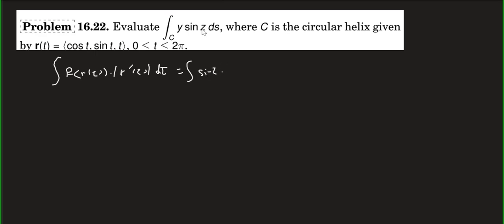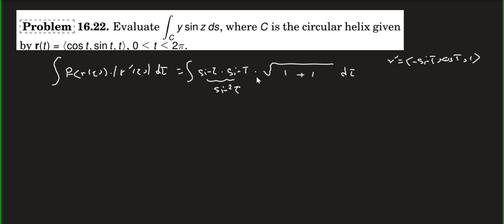Instead of sine z we will put t, so again sine t multiplied by the norm of r prime t. r(t) is equal to this, and r prime here will be minus sine t, cosine t, and 1. So the norm will be radical of sine squared t plus cosine squared t, which is 1, plus 1, dt.